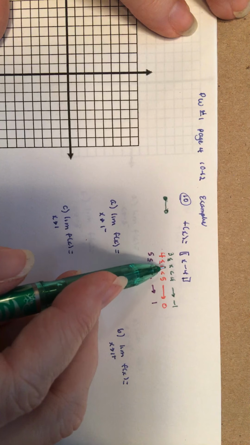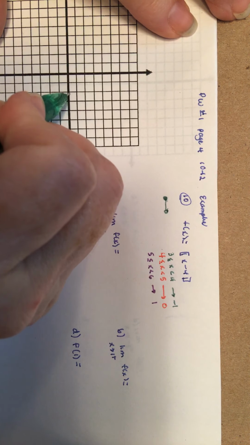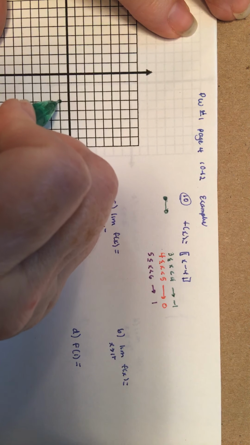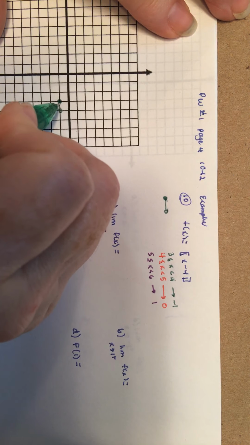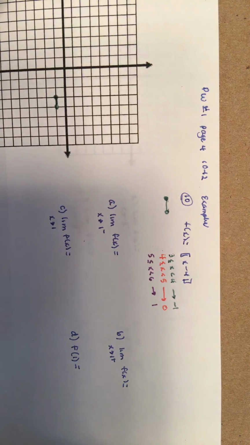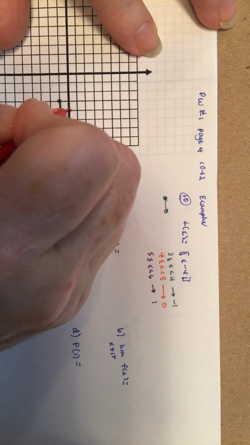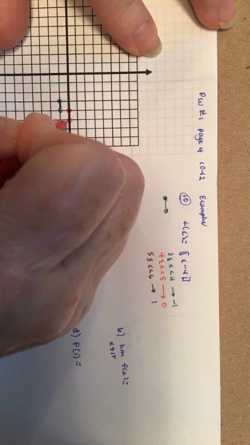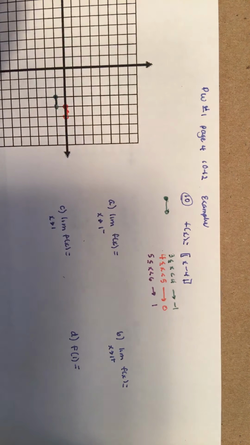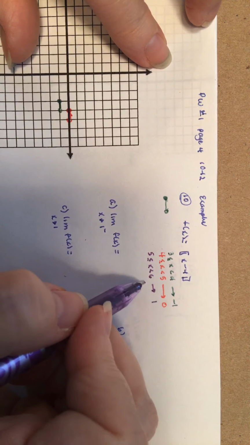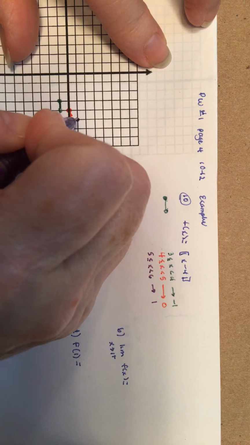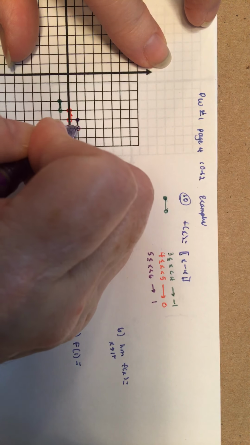So I'm going to go to 3 and down to -1, open, closed. And then I can say, all right, now 4 is at 0, closed, open, and 5 is at 1, closed, open.